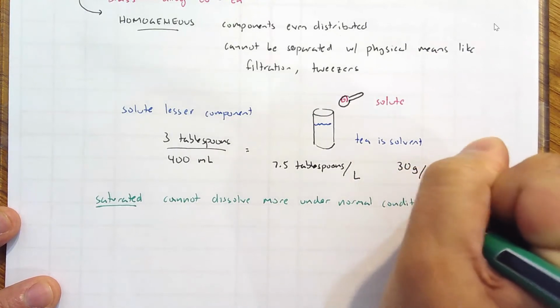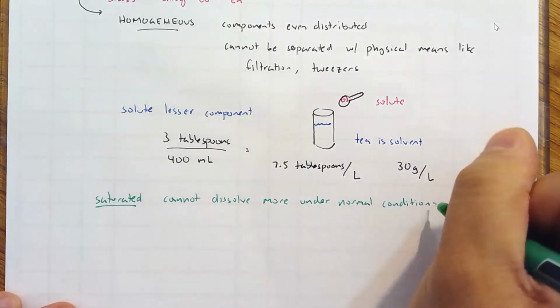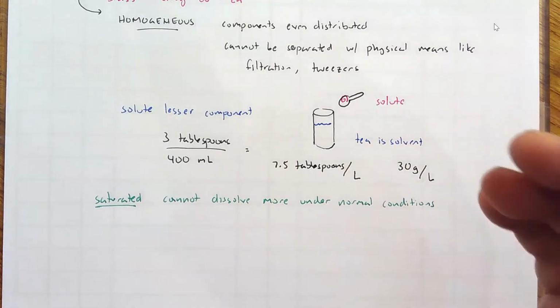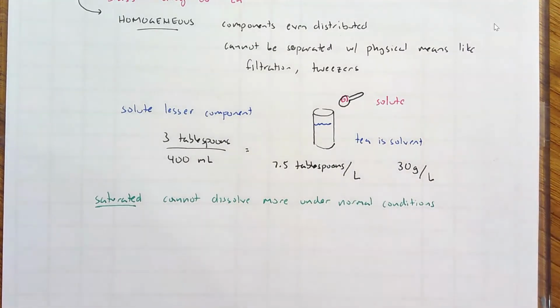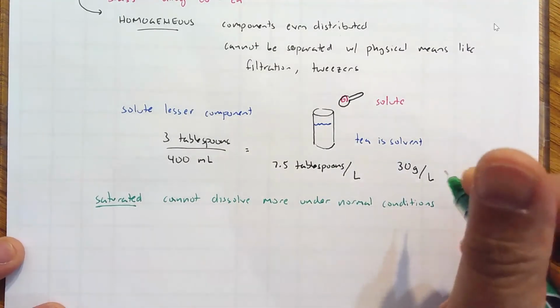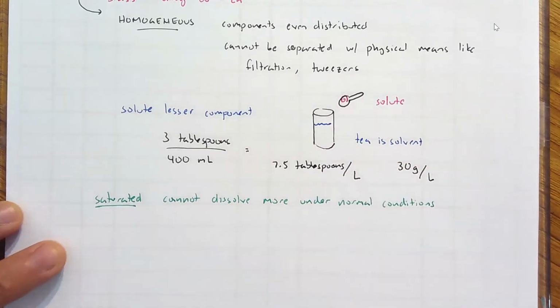What does normal mean? Room temperature, a little bit of shaking perhaps, but room temperature, atmospheric pressure, that you could get a saturated solution.